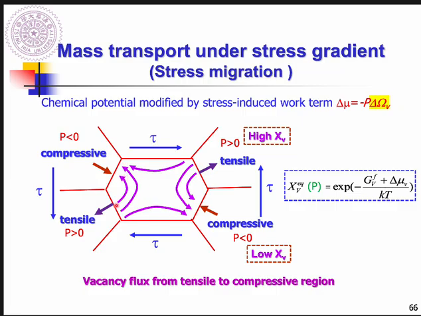So you can see that it goes from tensile to compressive, just for your reference. So the vacancy flux is from tensile to compressive. Okay, so this is how the stress gradient changes the morphology evolution in polycrystalline materials.